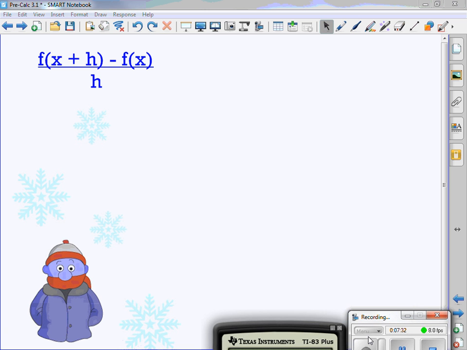Now, all I've done between the last problem and this one is do what? What's the only thing different now? Divide by h.